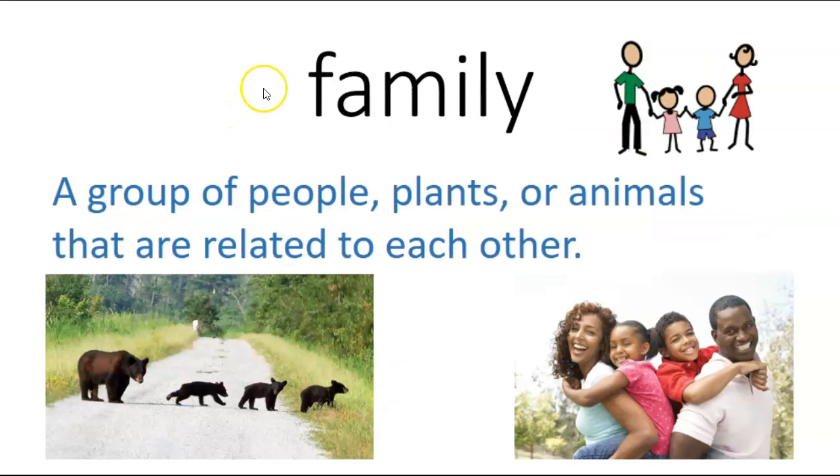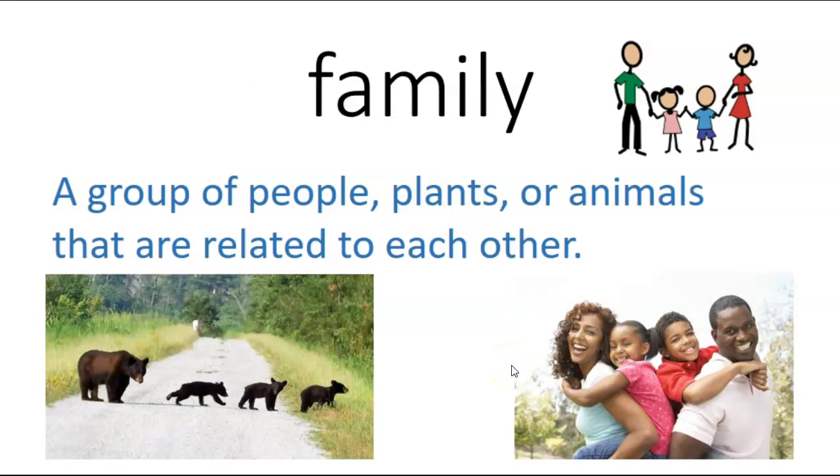Our next vocabulary word is family. See if you can say family out loud, or write it, type it, or touch it. A family is a group of people, plants, or animals that are related to each other. So here's a human family.